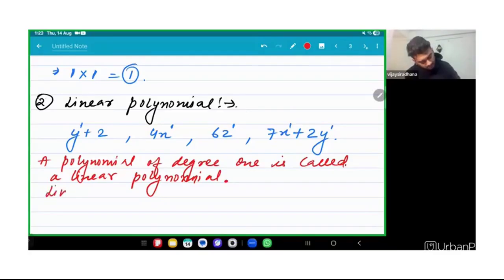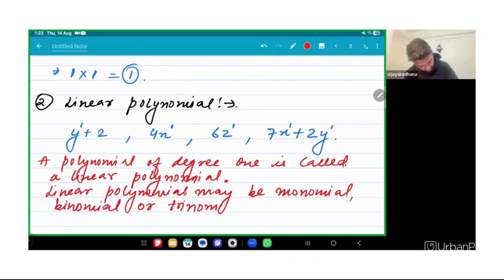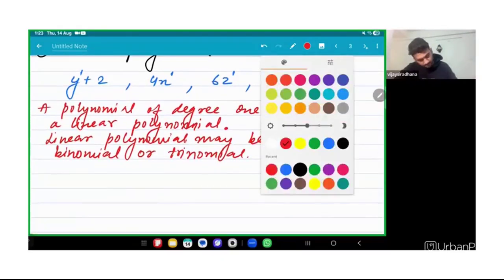So a linear polynomial may be monomial, binomial, or trinomial. But we should keep in mind that the degree, the highest exponent, should not be more than 1.